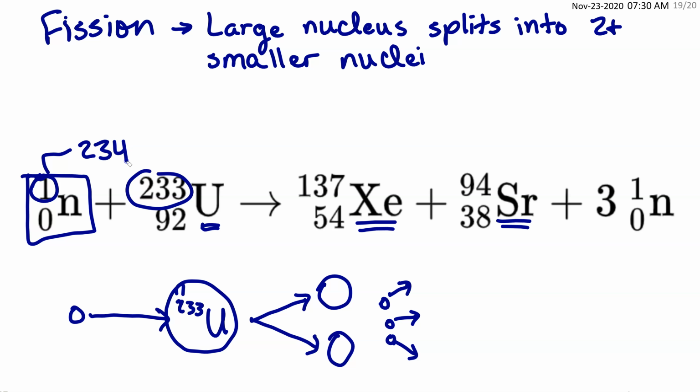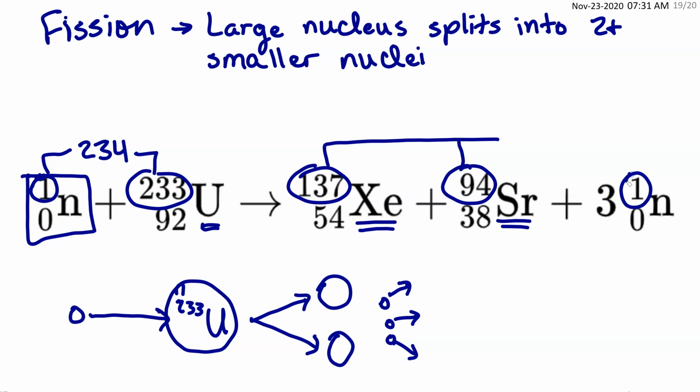Okay? However, our mass numbers still add up. In this case, on one side, they add up to 234. On the other side, they add up to 234 as well. But what I'd like to draw your attention to is this 3 right there. That means that I have 3 neutrons. Okay? That 3 is called a coefficient, and it means that I have 3 of whatever comes after it.